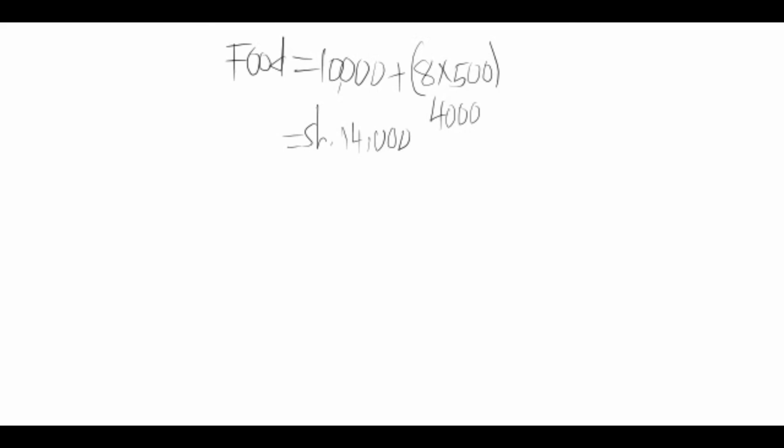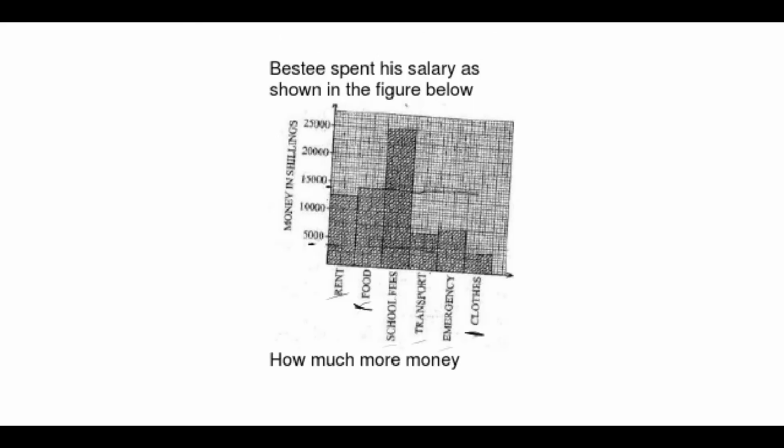Then for clothes we have up to this point. This is the point for clothes. Up to here we have 5 small squares, then plus 1, 2, so we have 7 small squares for clothes.